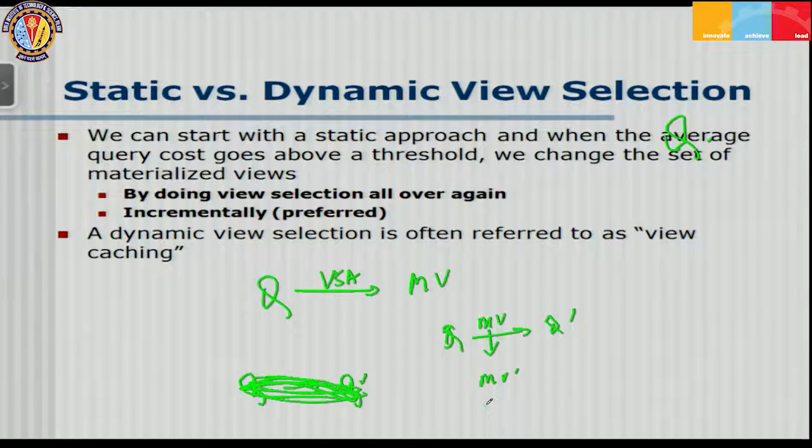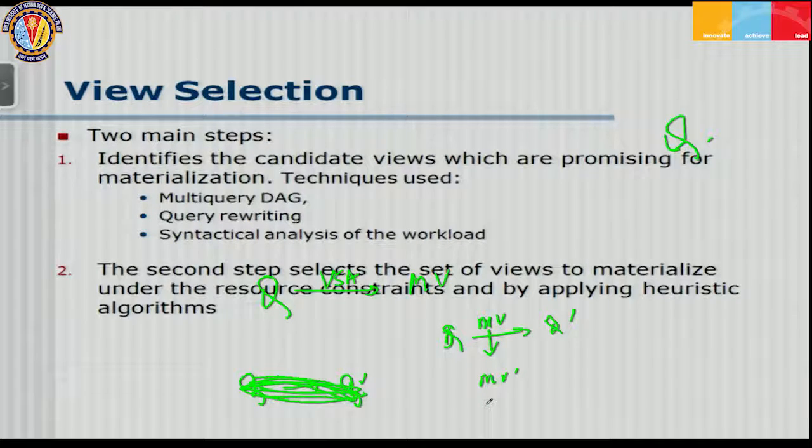A dynamic view selection is often referred to as view caching as well. So in the literature, dynamic view selection is called view caching. View selection has two main steps.